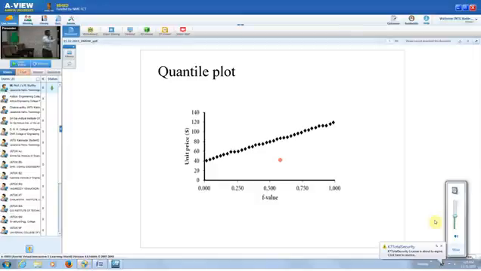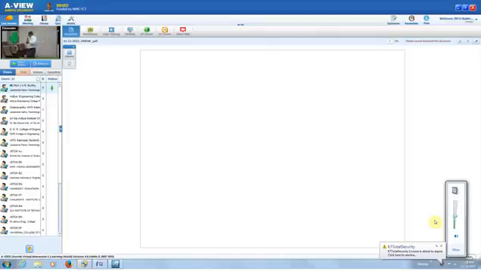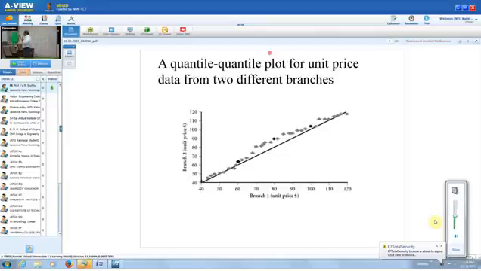So this is one quantile plot for one item, right? Now the next quantile plot is, let us suppose, for Banagudi junction stores, and for main road junction stores, you will have a similar plot. Now your QQ plot is nothing but the comparison of prices at both the places.